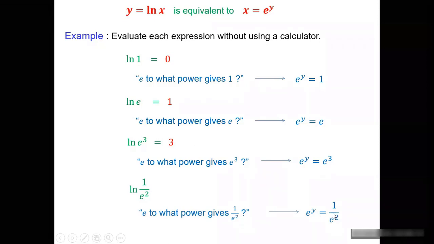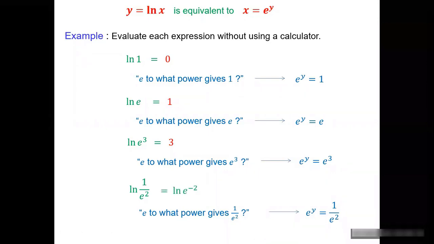But what if I rewrite 1 over e squared as e to the negative 2 power? Now I can realize that this is saying e to what power gives e to the negative 2. And now, since I see the base of e on both sides, that must imply that the y value is negative 2. And therefore, ln of 1 over e squared is negative 2.